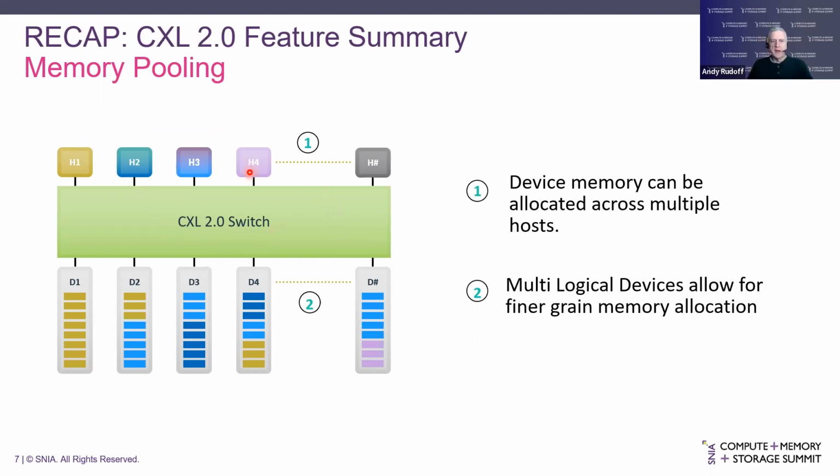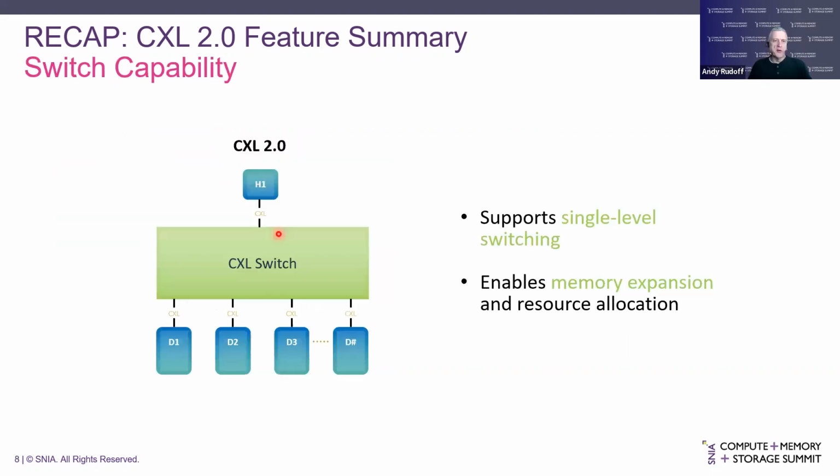And so that's one of the things that you'll see in a moment that we've tried to address in 3.0. Also in 2.0, there was just a single level of switch, like I mentioned on that table. And so this topology that I'm showing here was really the only switch topology that's available in CXL 2.0, a single switch with a bunch of devices on it.